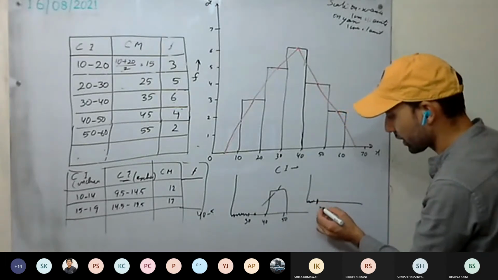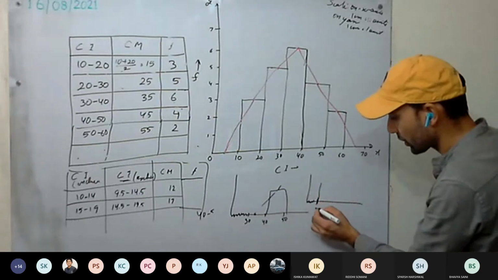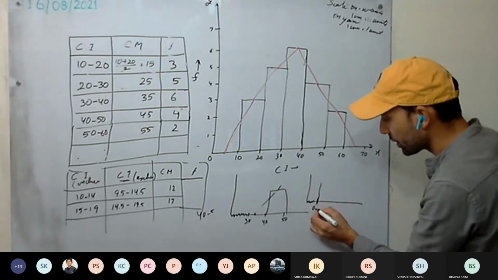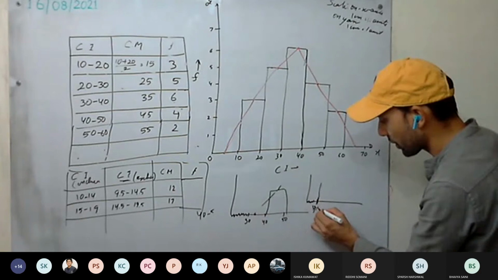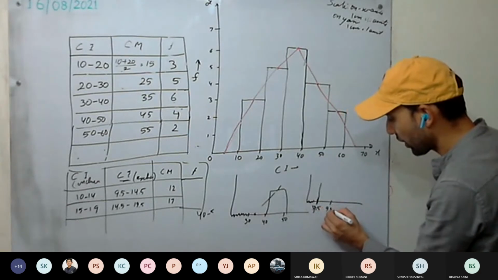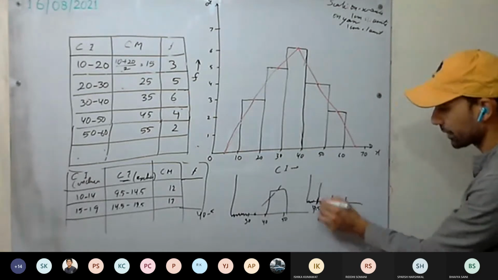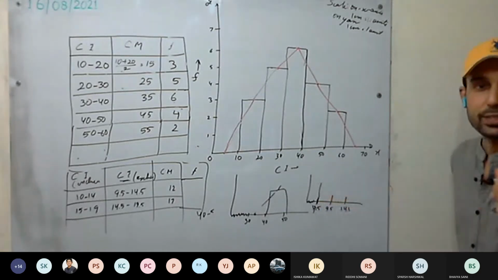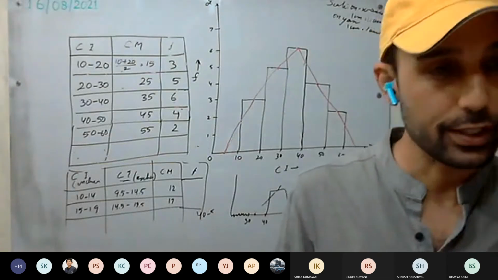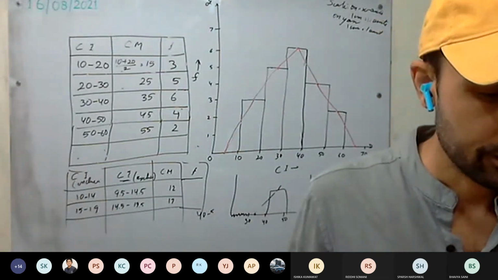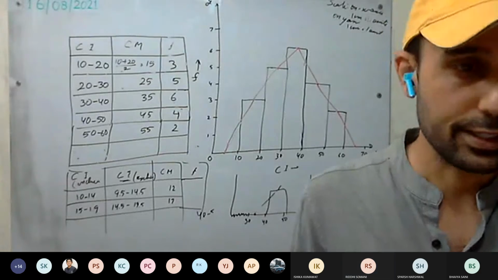From the first dark line, you start 4.5, next 9.5, next one 14.5. Those dark lines you will make. So this one you try as homework. Third one we'll be doing in class tomorrow, but you must try it once.